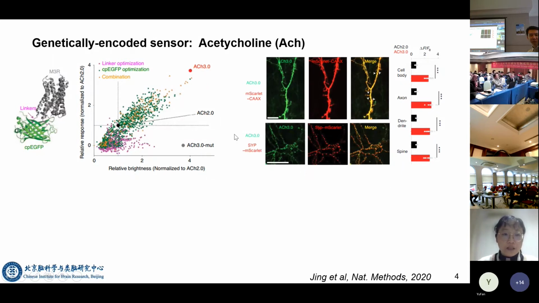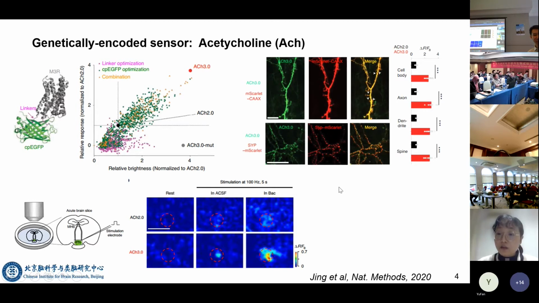After this cpGFP optimization, when they imaged a neuron, they could detect differences in the cell body, the axon and the dendrite, and even small spines. They found that this third version has a response nearly 3 times higher than the sensors they explored before.